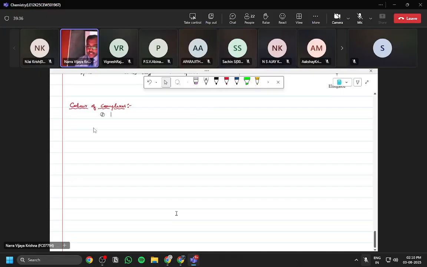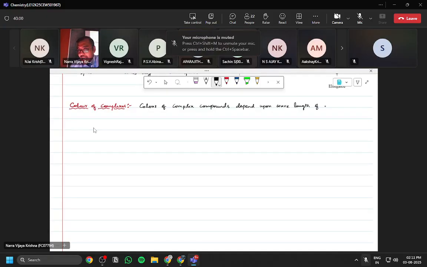So here I am writing one statement. Color of complexes depends upon the wavelength of absorbed radiation.